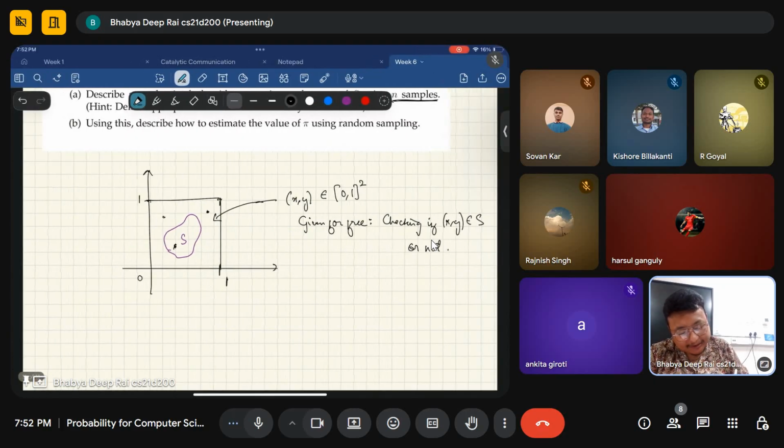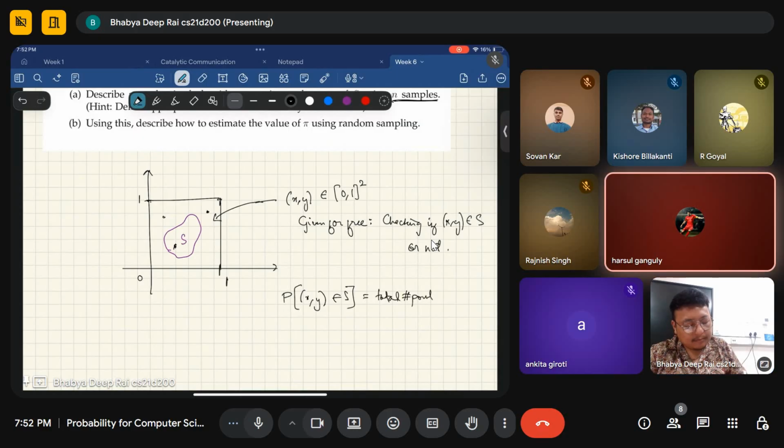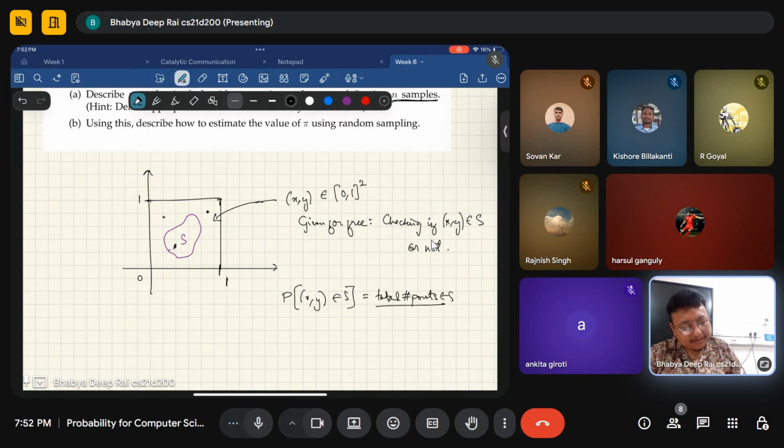Like Goel said, if I sample any point, the probability that that point is in S is equal to the total number of points in S divided by the total number of points in the square, right?